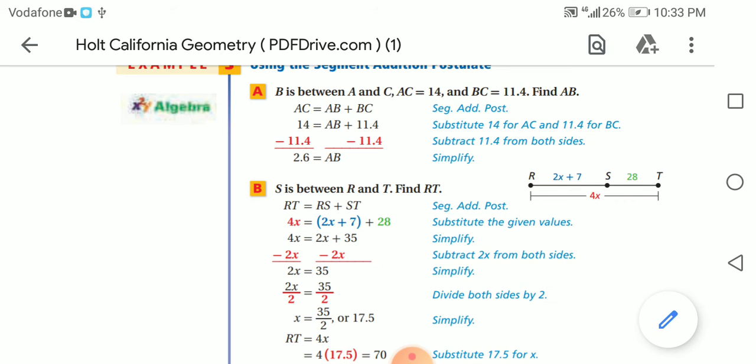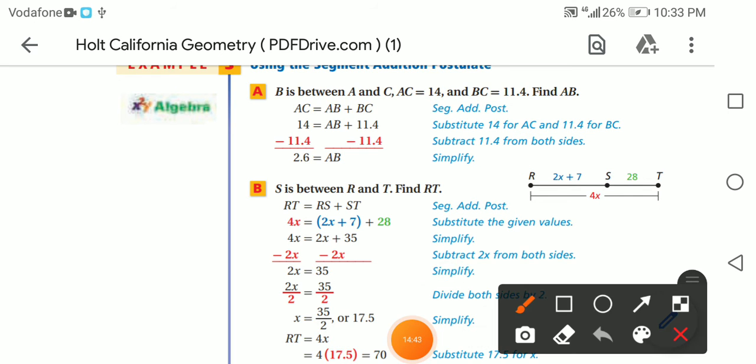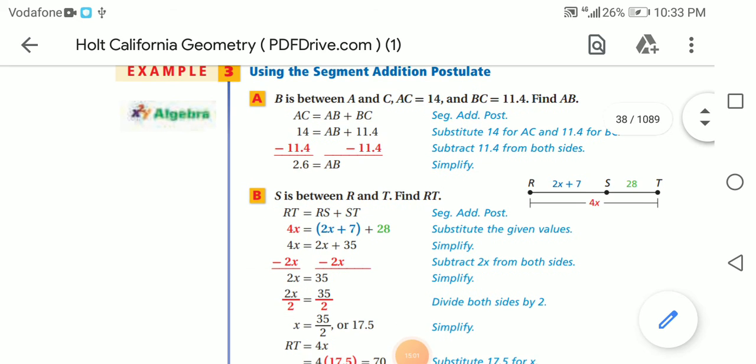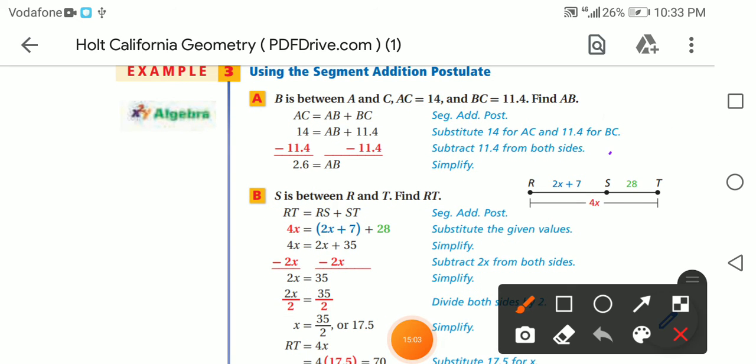And it's given here in expressions. I have RT equals RS plus ST, and RS equals what? Can you see this? It equals, given to me in the problem, 2x plus 7. Okay, it's not just a number, it's an expression.